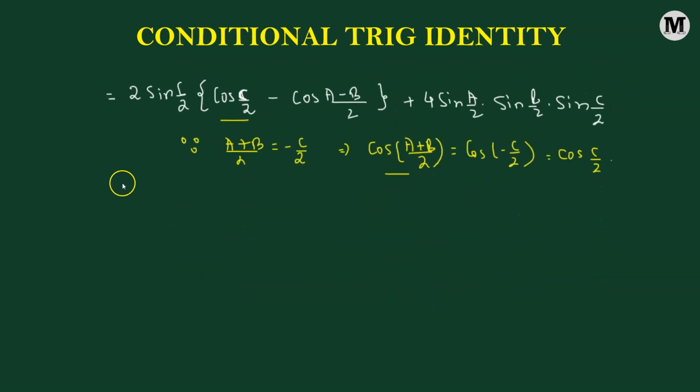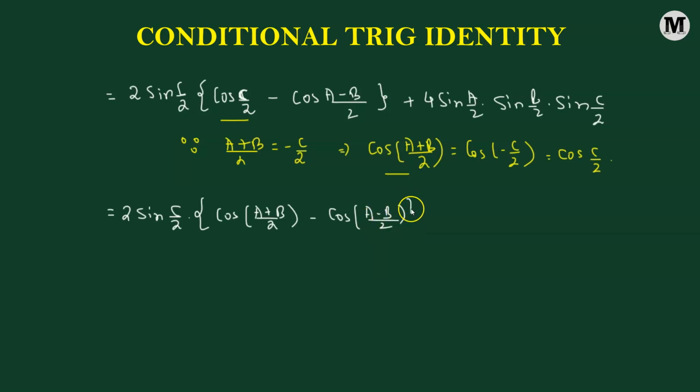Okay, so we will get 2 multiplied by sine C over 2 multiplied by cosine of A plus B over 2 minus cosine of the angle A minus B over 2. And we have the remaining terms. Now we are ready to combine the two cosine functions.